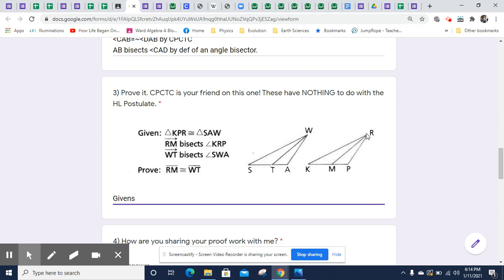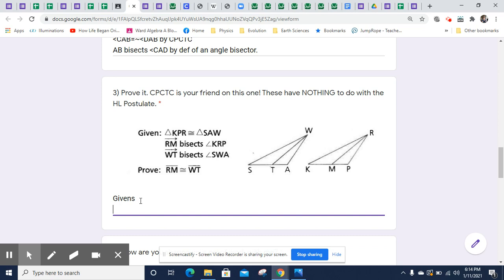Now, to prove that RM and WT are congruent, it would be useful to prove that this triangle and this triangle are congruent, or this triangle and this triangle are congruent. I think we can do that because after the givens, we can start to say that some pairs of sides and angles are congruent.